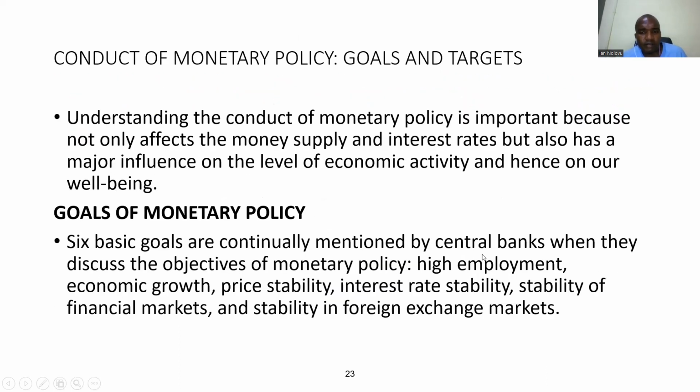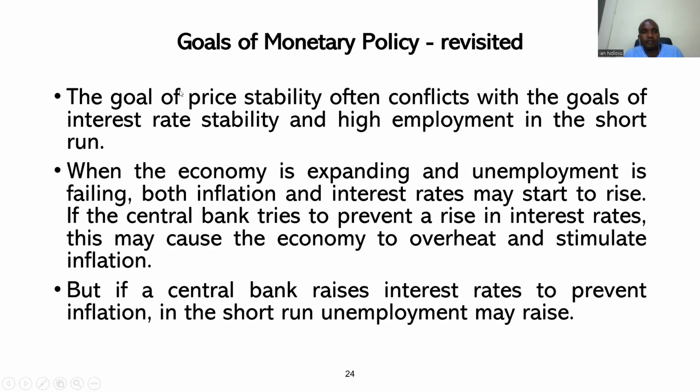So the goals of monetary policy, once more to rehash them, are high employment, economic growth, price stability, interest rate stability, stability of the financial markets, and stability in foreign exchange markets. The goal of price stability is normally at cross purposes with the goal of interest rate stability and high employment in the short run.